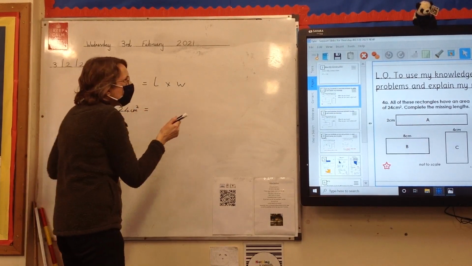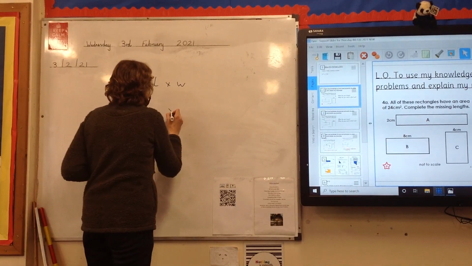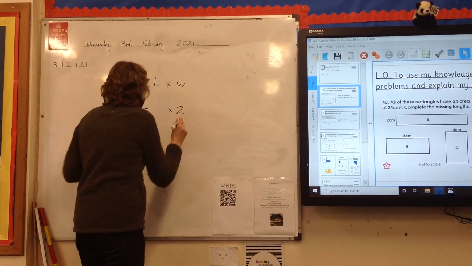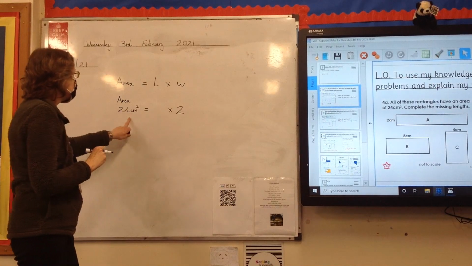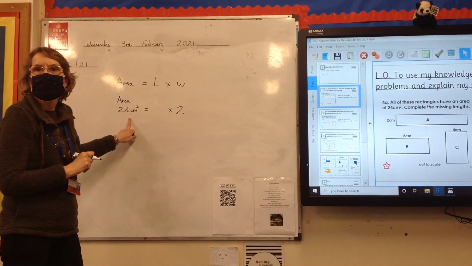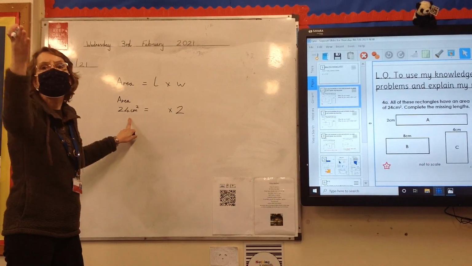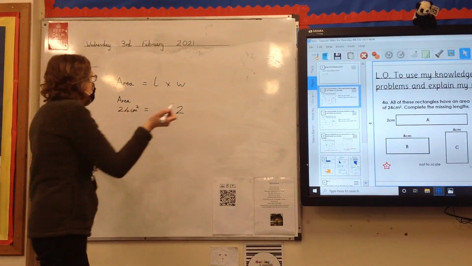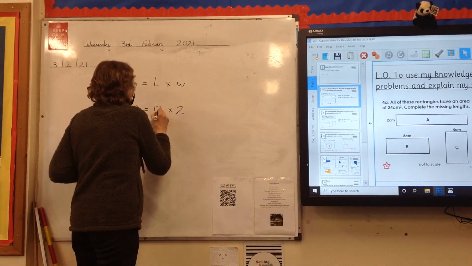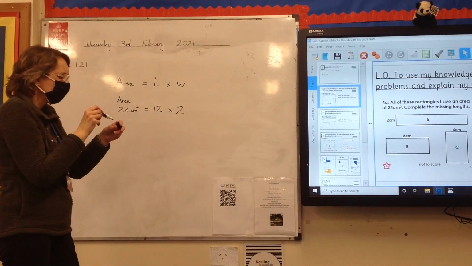The length, we don't know, but the width is 2. So something times 2 would be 24. Anybody got any thoughts about what that could be? 12. It could be 12. Yeah? 12 times 2 would be 24.